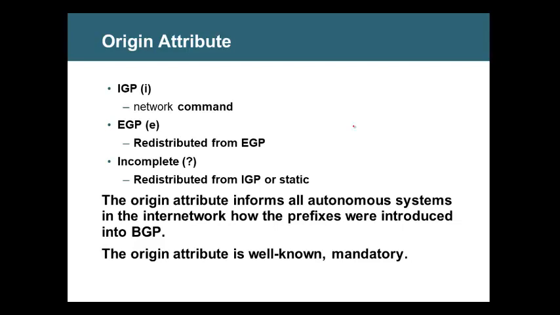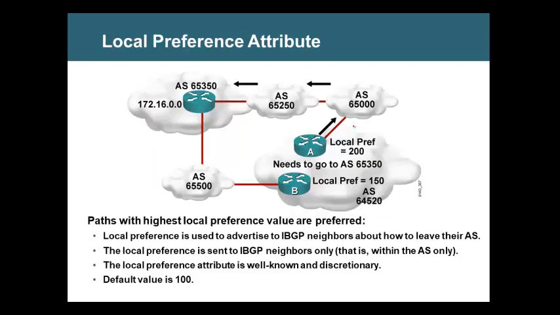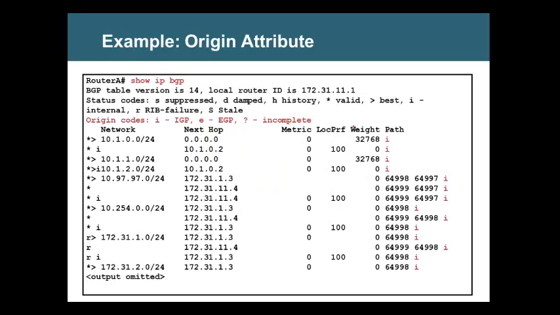What do you understand from here? Check those three attributes that you learned, the well-known mandatory attributes. Do you see them for all networks, all prefixes? These prefixes are learned from, this is the originator. These are two autonomous systems from where this network is learned. So there is path vector. Next, do we have next hop? Yes. If the network is on the same router, then you will have 0.0.0.0.